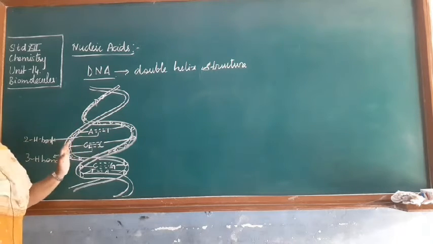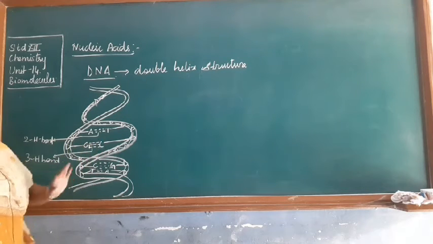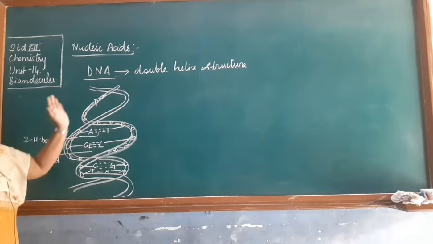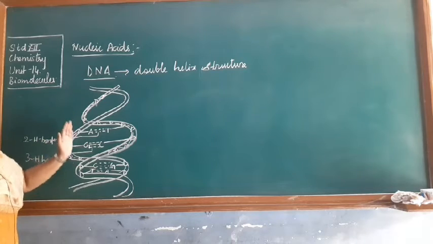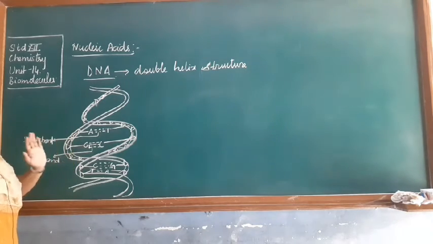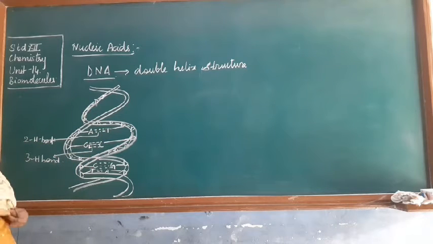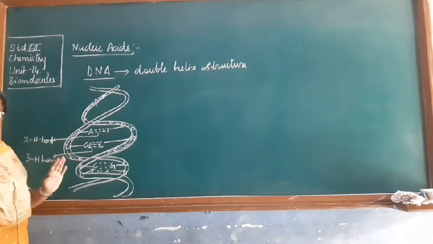The two strands are never the same, they won't be the same, they will be complementary to each other. Because if one strand has A and G, then the other strand will have T and C. If one strand has T and C, the other one will have A and G. So therefore, these two strands will be complementary to each other.